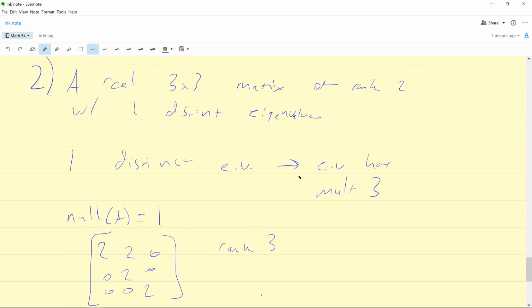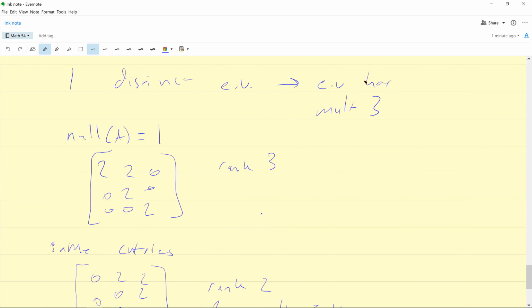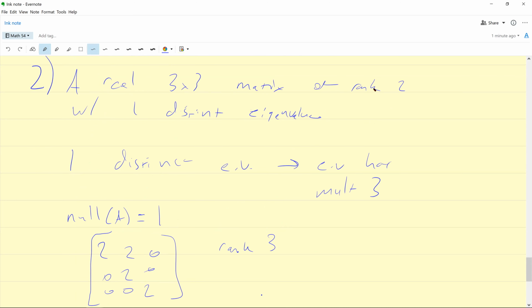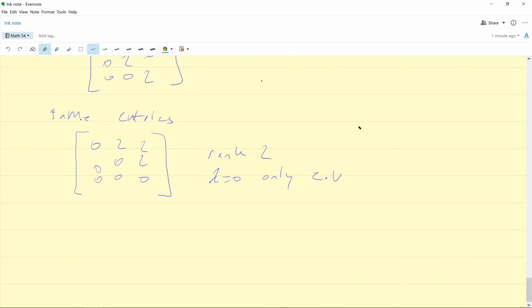Cool. And I think one of the key insights is: if a 3x3 matrix is rank 2, what does that tell us as far as invertibility goes? It's not invertible. Yeah.